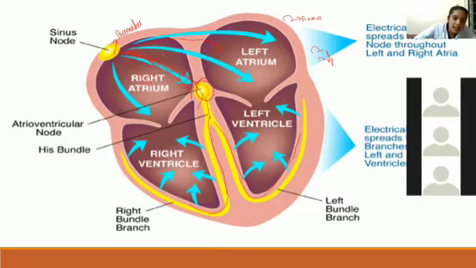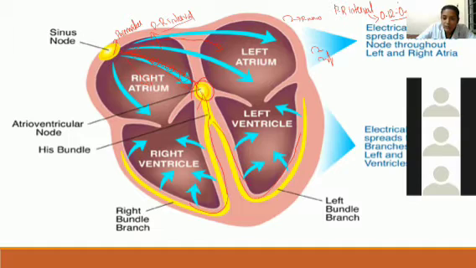This area is known as the PR interval in the ECG. From the start of the P wave to the start of the QRS complex is the PR interval. The normal duration of the PR interval is 0.12 to 0.20 seconds.